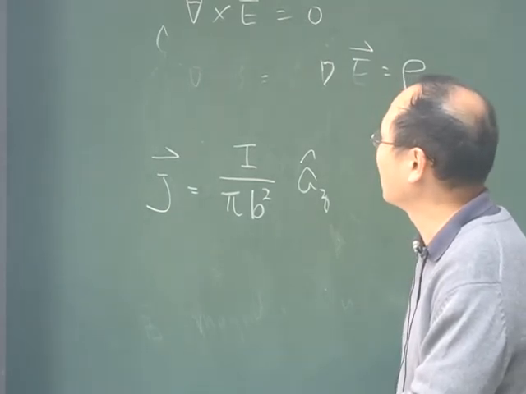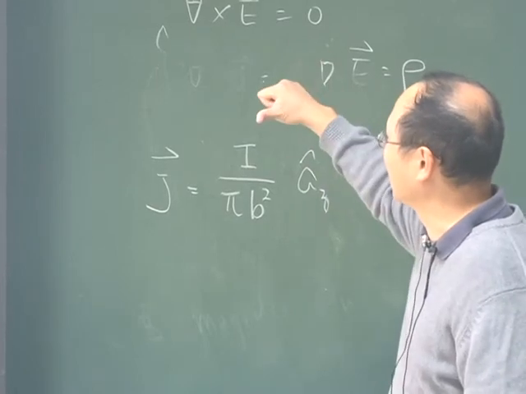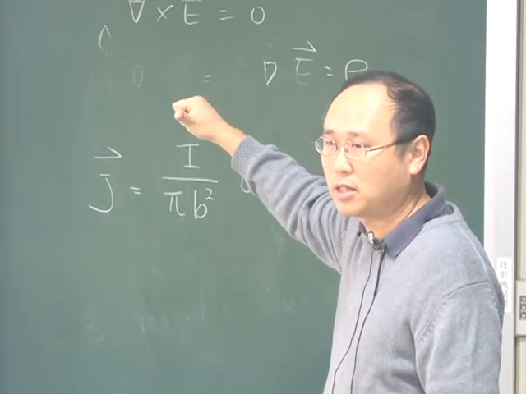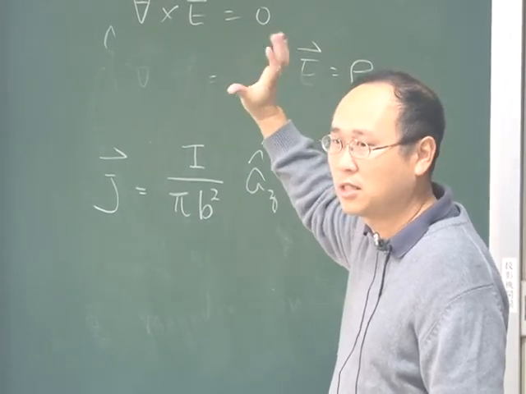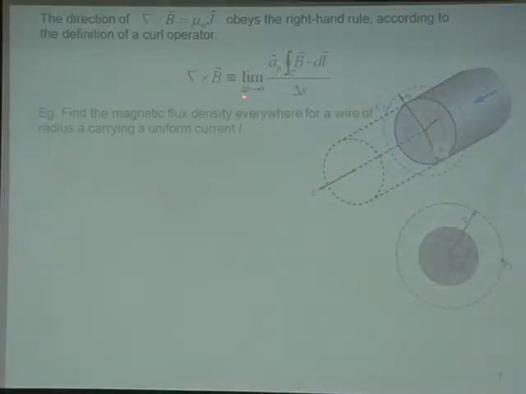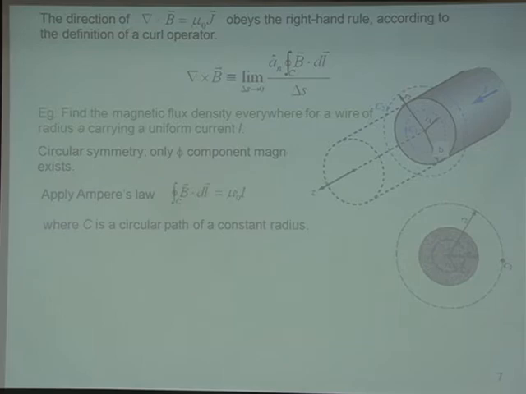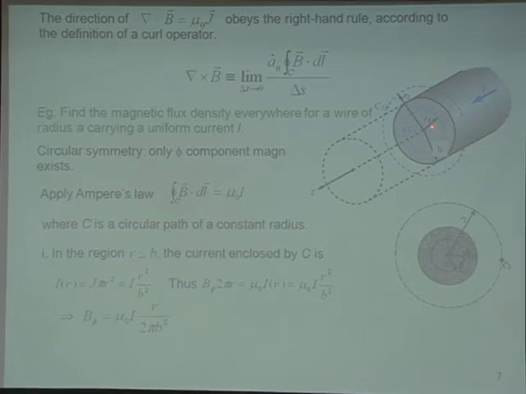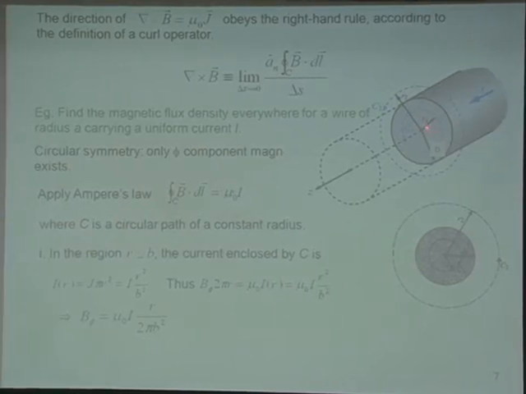If the thumb is the direction of your current, then your four fingers give the direction of the magnetic field, according to the definition of the curl operator. So let's calculate the magnitude of the magnetic field everywhere in space. First, within r less than b, inside this wire, you pick a path with radius r1.